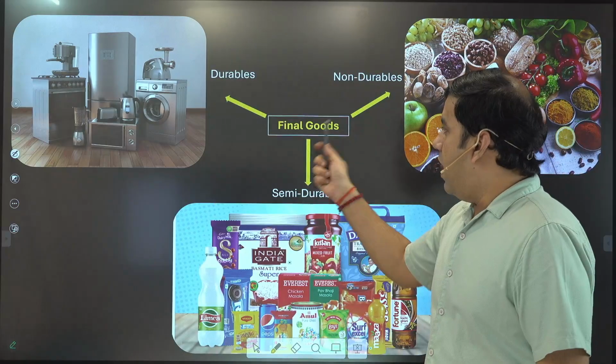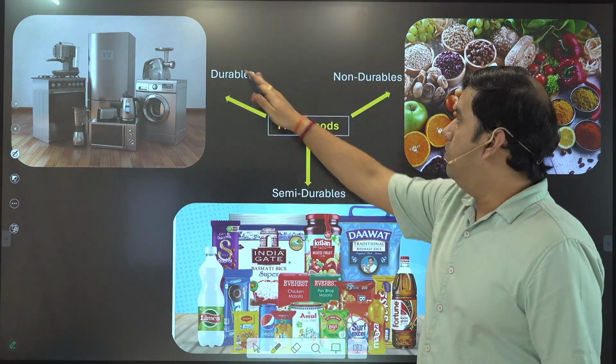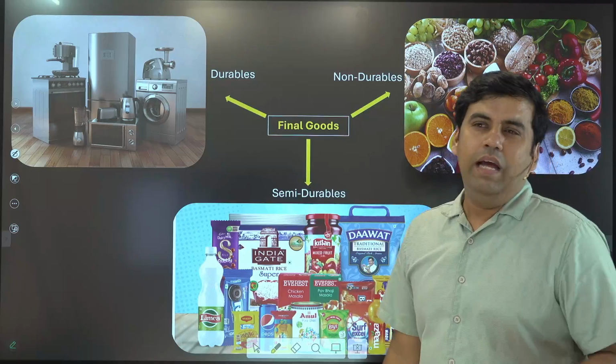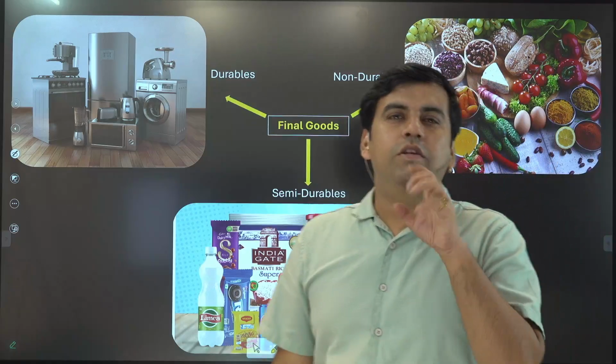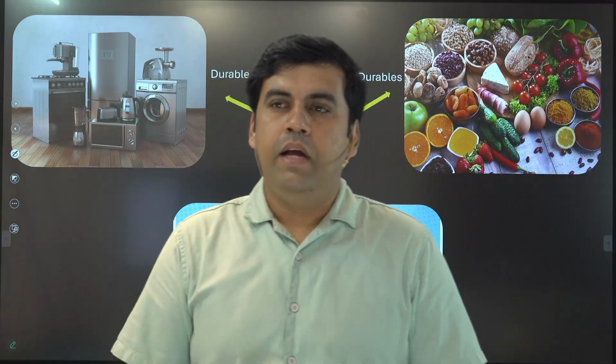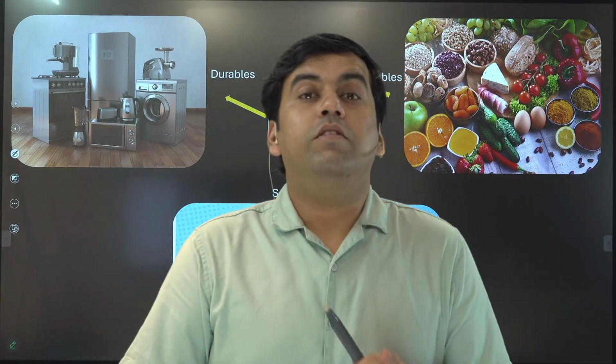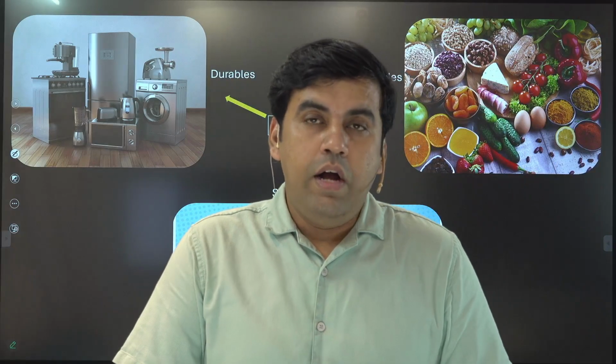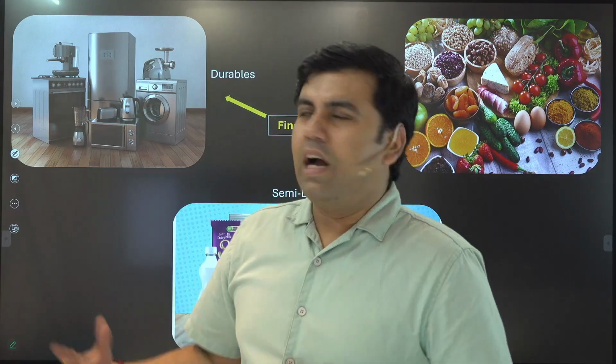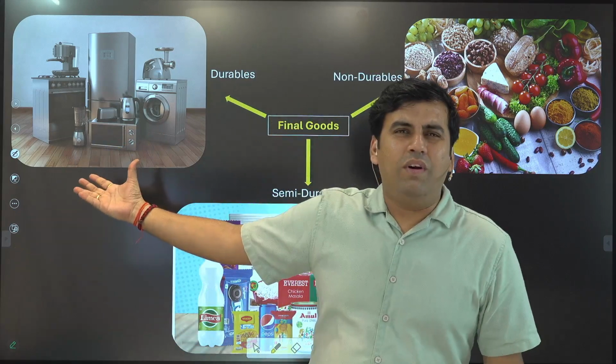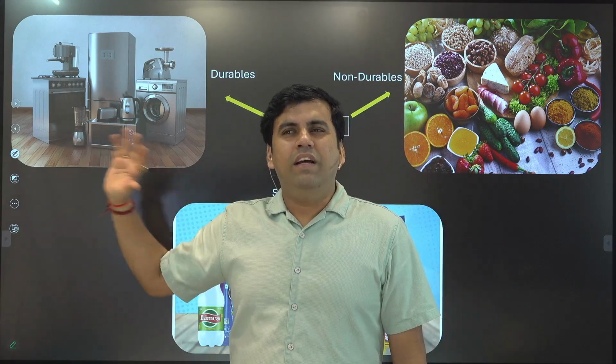Now comes final goods are of three types: durables, non-durable, semi-durable. Now durability is something which means long lasting. So how long lasting can a thing be? Obviously electronics, car, mobile phones, they are very long lasting, right?